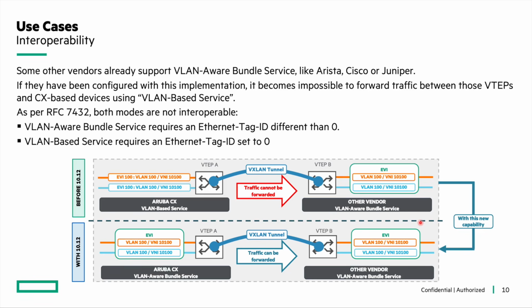This is due to how both services handle the Ethernet tag ID and map and store the MAC addresses and information in the MAC VRF and the bridging table. So now, with AOS-CX 10.12, we can interoperate with other vendors such as Arista or Juniper.